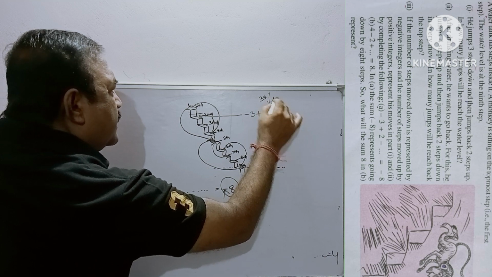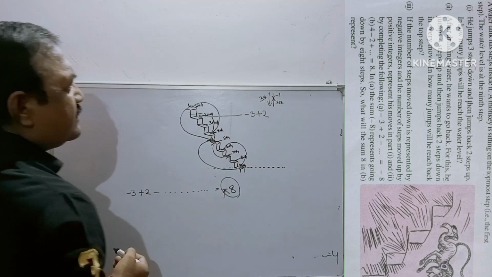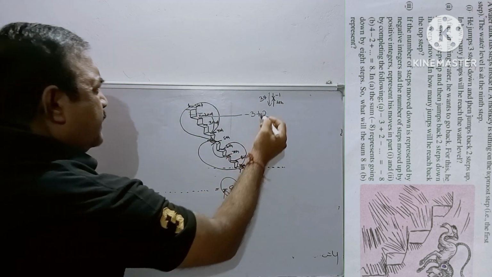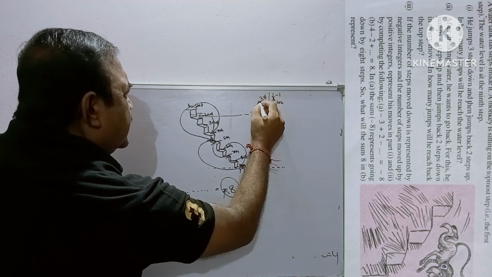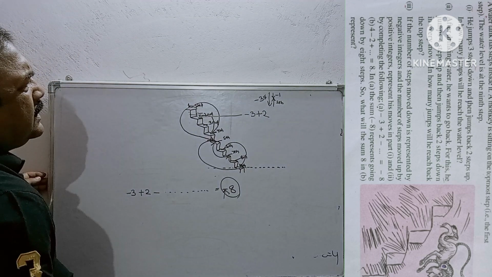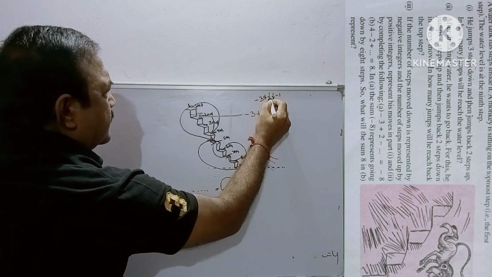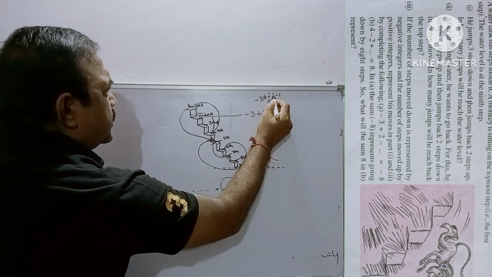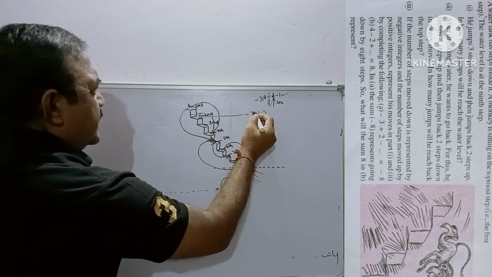So finally, this is minus 1 or not? This is the minus 1. Because 3 steps down, this is minus 3, and this is 2 upward, so this is minus 1.